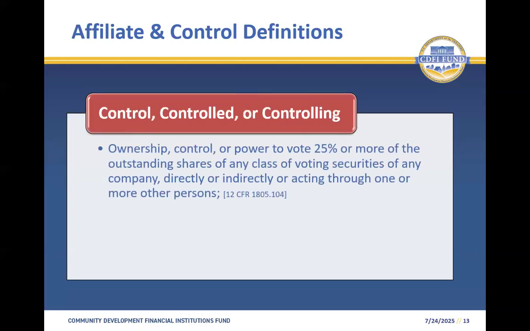The first condition of control is ownership, control, or power to vote on 25% or more of outstanding shares of any class of voting securities of a company, and directly or indirectly acting through one or more persons.